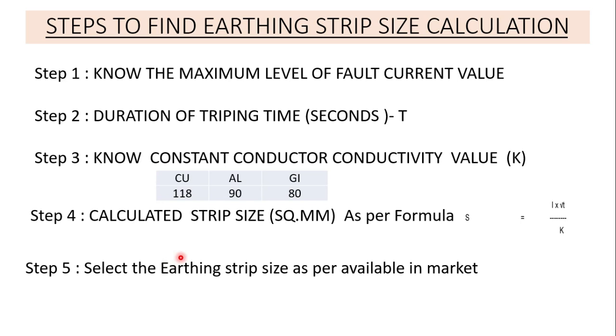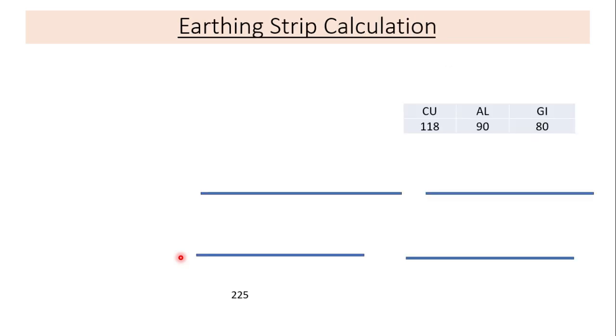Now let's follow these steps to calculate. In the first step, we have to take the value of maximum fault level current, which is calculated for the HT side. Without it we are unable to calculate, so we have to know the value of maximum fault level current.